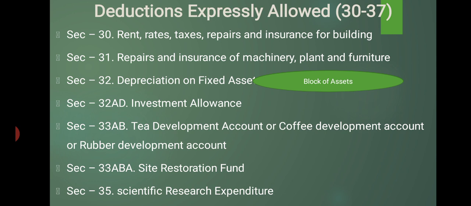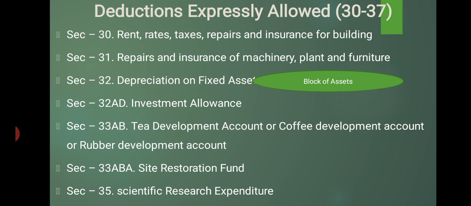Here, depreciation is calculated on the basis of block of assets. Normally, we calculate the rate of depreciation on individual assets. Here, we are using the term block of assets. Block of assets means a group of assets which comprises the same rate of depreciation.